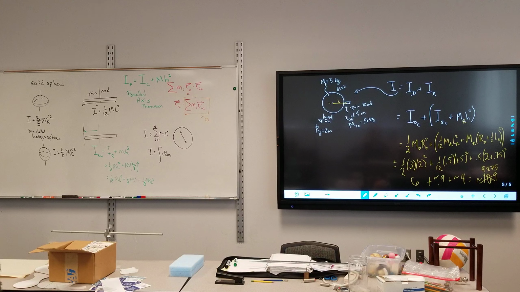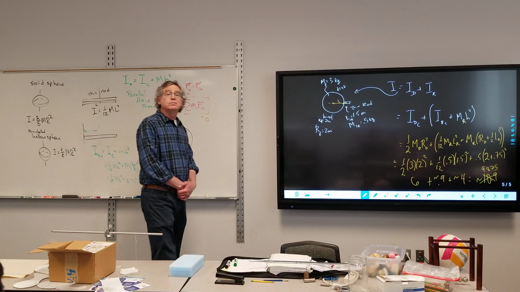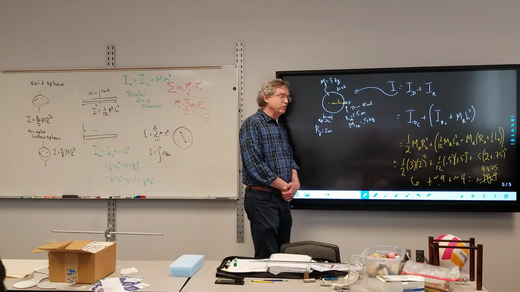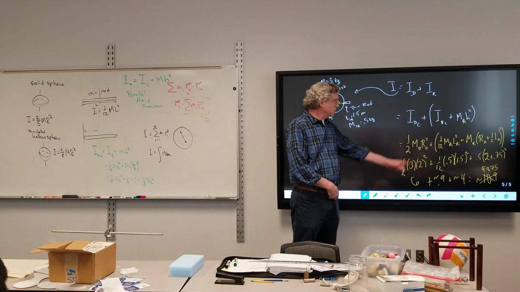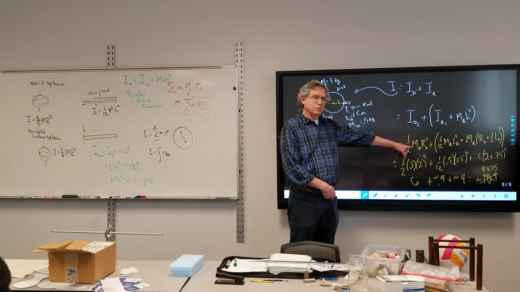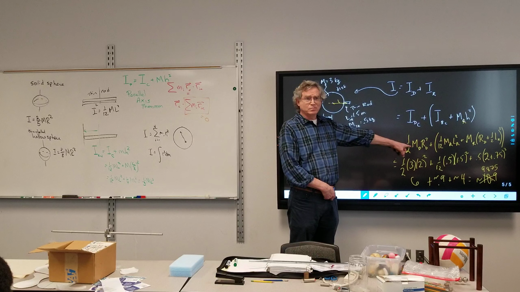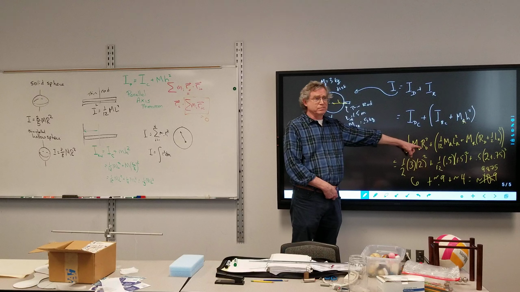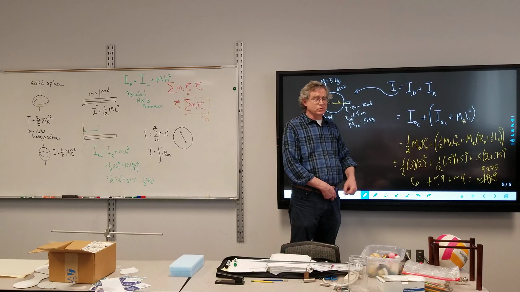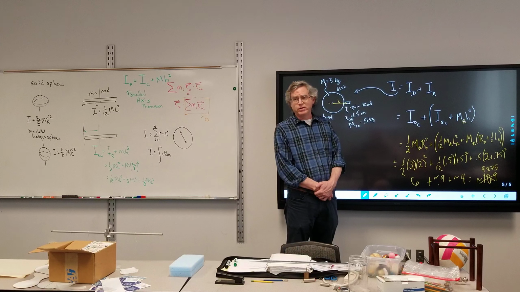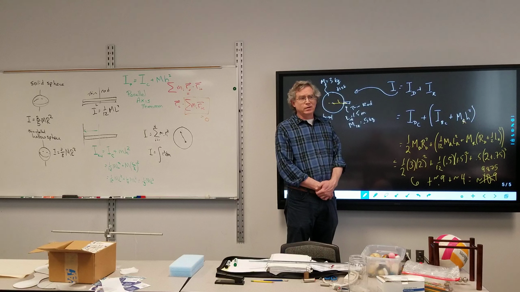What did you multiply to get it? Joule squared? Not joule squared. What are the units of mass? Units of the radius. So what would be the units of moment of inertia? Kilogram meters.